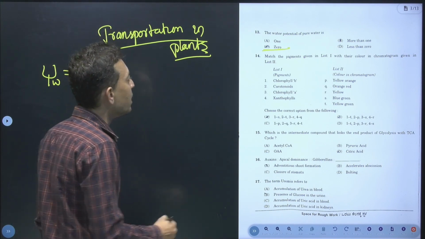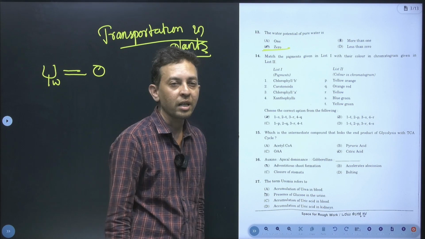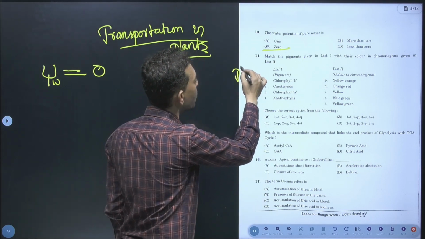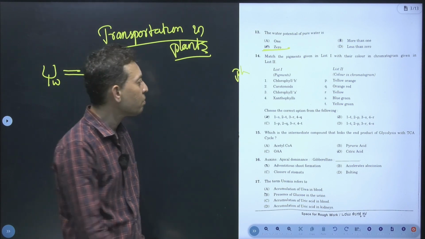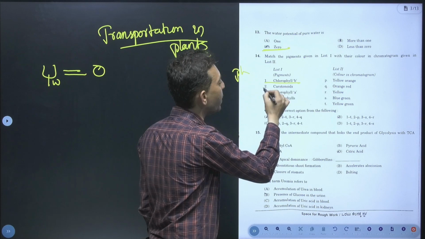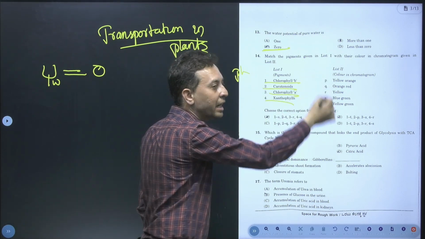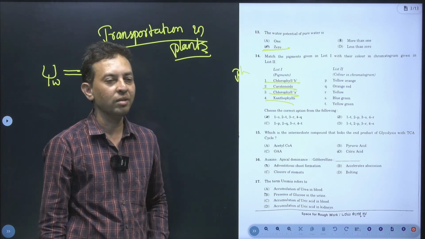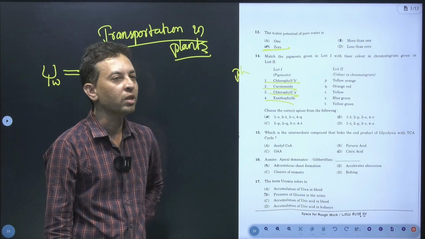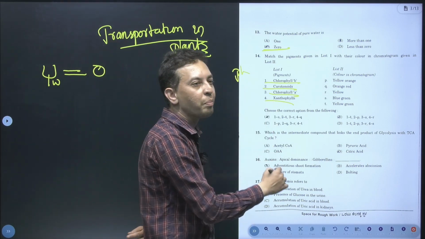Next is also a match the following, from the topic photosynthesis. In list 1 they have given the pigment names, and in list 2 their respective colors.